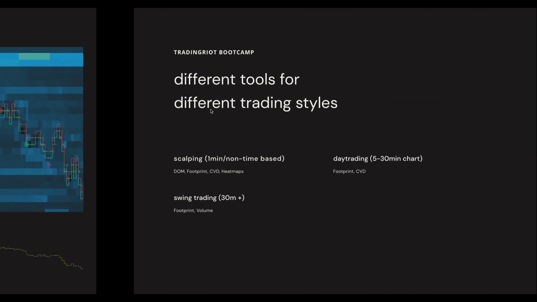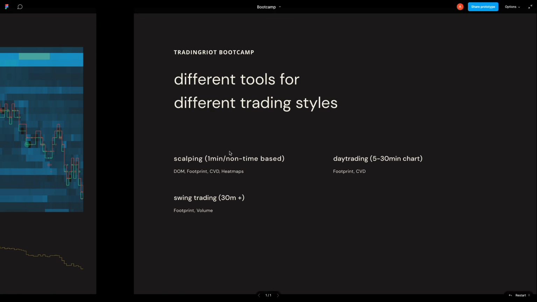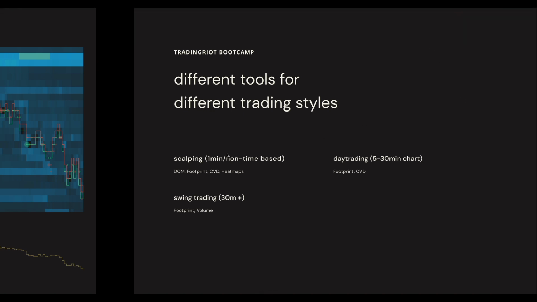Different tools for different trading styles. This is where it essentially becomes important. If you are scalping, you basically want to utilize all the tools that are available. I am not scalping, and this is not geared towards scalpers. But if you are scalping, using DOM, footprint, cumulative volume delta, and heat maps is recommended.